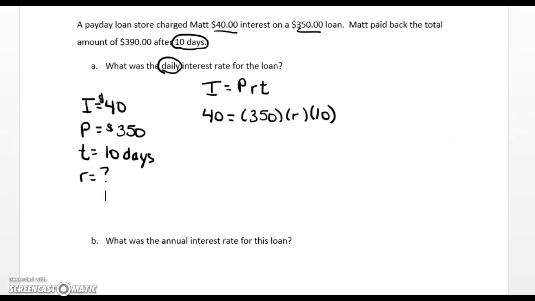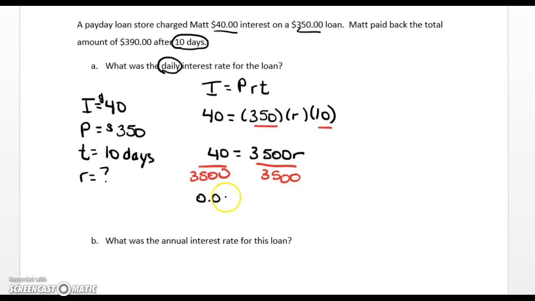And I'm first going to simplify that right-hand side before we actually start solving for R. So I'm going to go 350 times 10, which is 3,500 times R. Then I want to get R by itself, so this 3,500 is multiplying with R, so I'm going to divide it. And what I should get here is 0.0114 is equal to R.